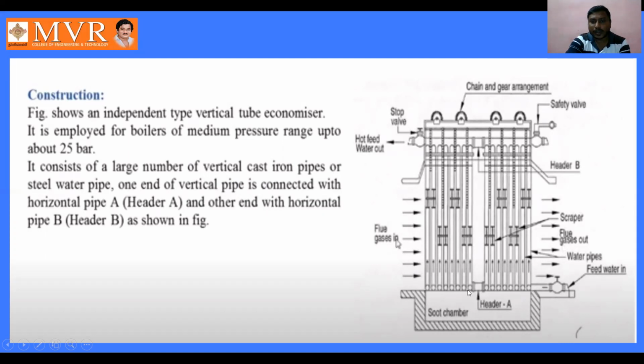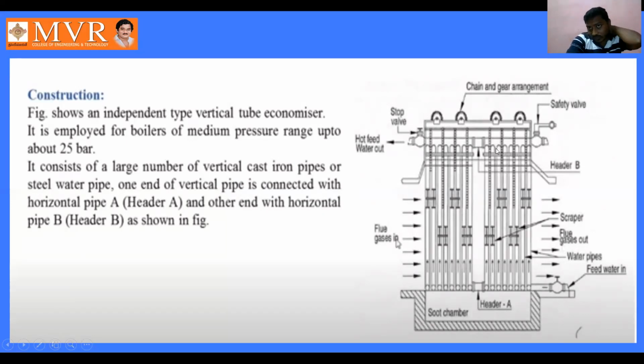We are naming this pipe the header A. The water enters into this header A, and one end of this vertical tube is connected to the header A, and the other end is connected to the header B. We can show here that this is the header B.